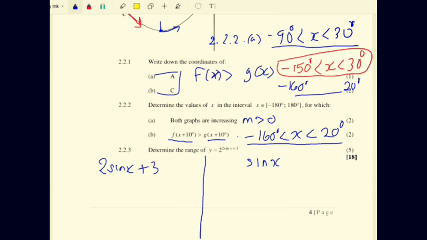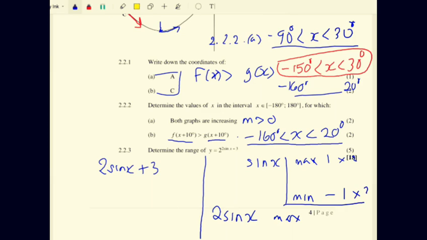A normal sine graph has a maximum value of 1 and a minimum value of minus 1. What if we now say 2 sine x? We're multiplying everything by 2. The maximum value becomes 1 times 2, which is 2, and the minimum value becomes minus 2.